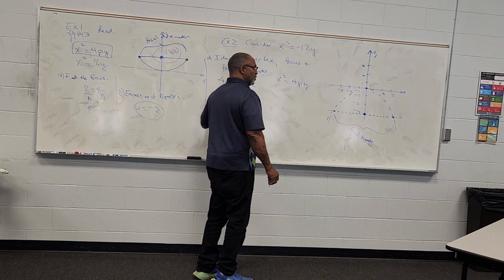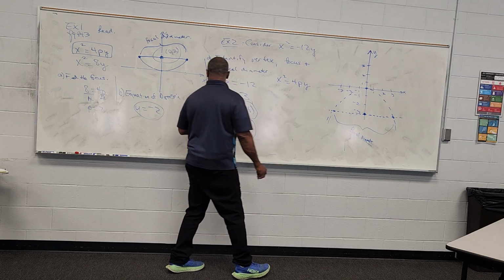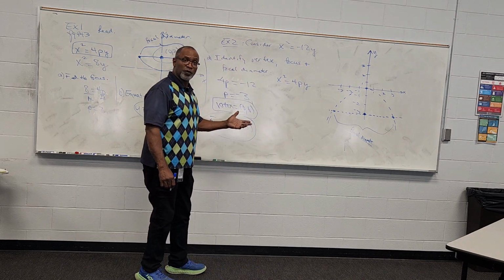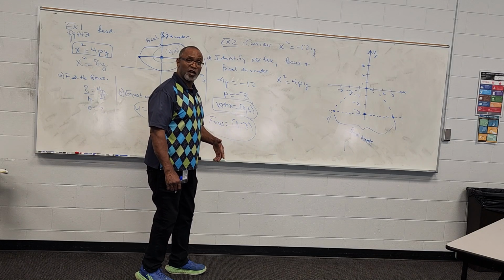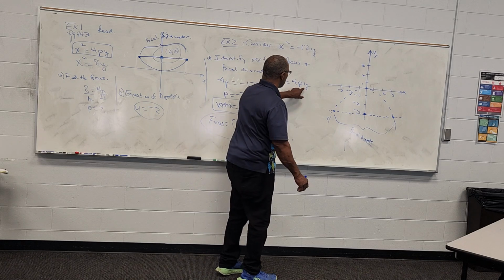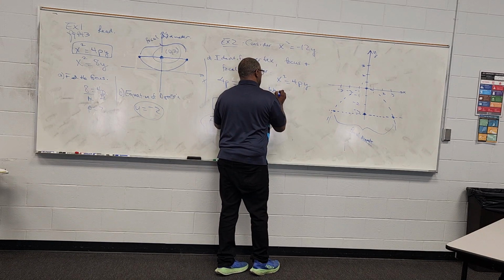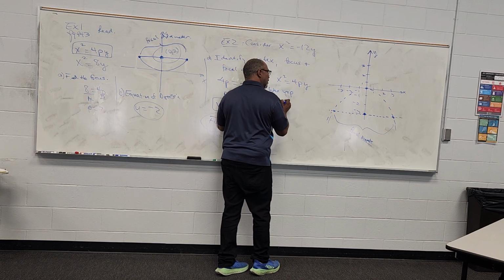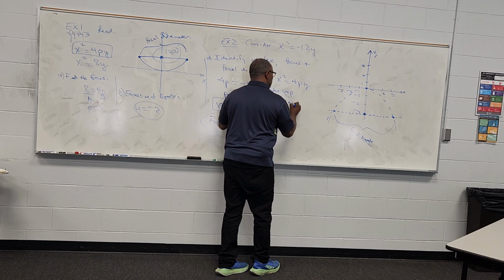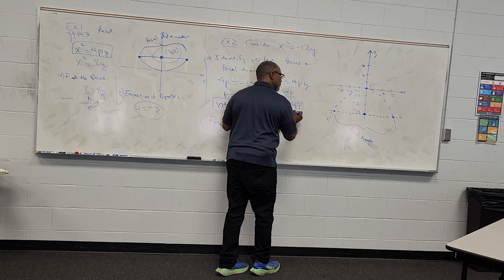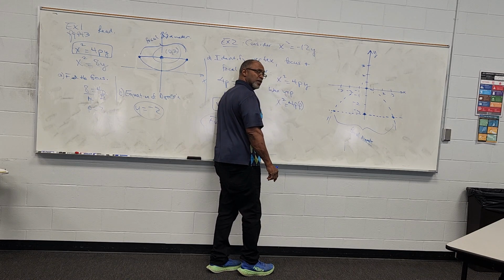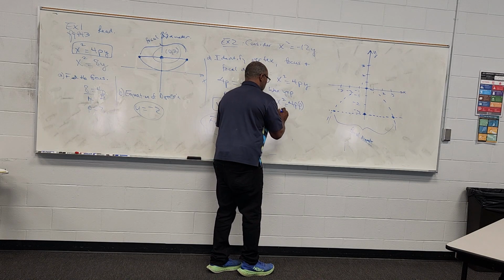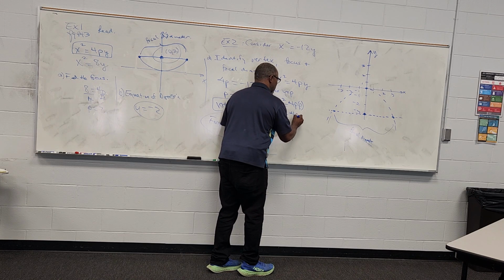The focus will always be 0, comma p, so the y coordinate of the focus is always p. So when I see this 4py, when y equals p, you get x squared equals 4p times p, because y has to be p if you're going through the focus. So x squared equals 4p squared.